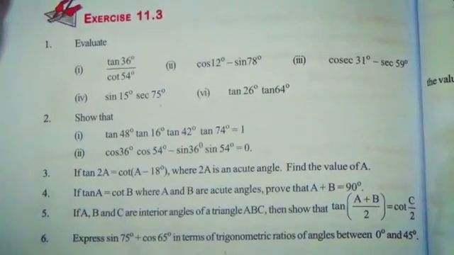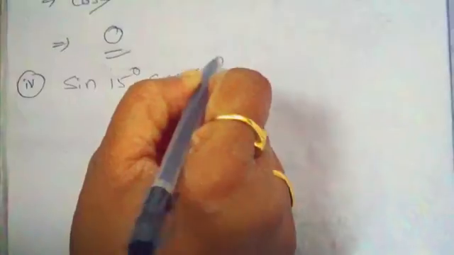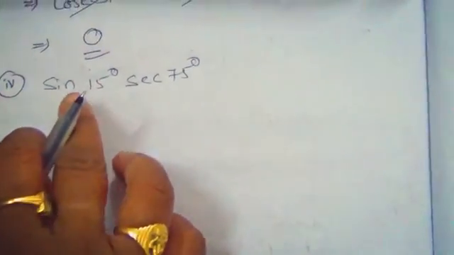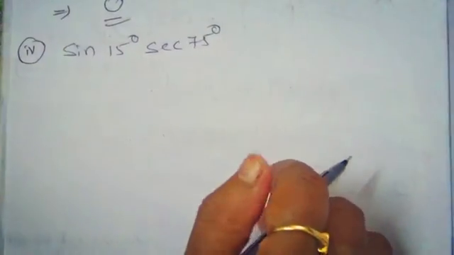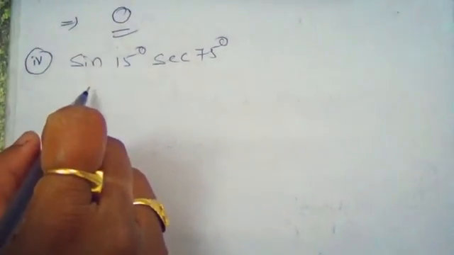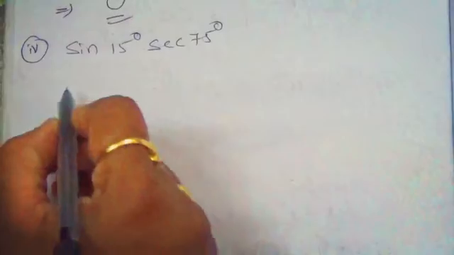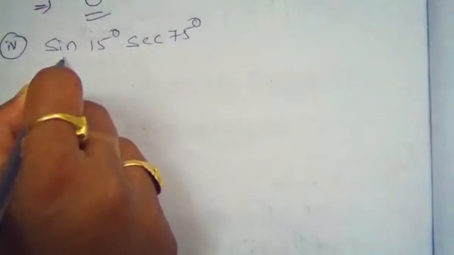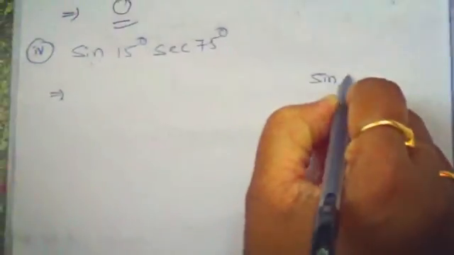Okay, next one, the fourth one, that is sine 15 degrees into secant 75 degrees. You just change it according to the earlier formulas.